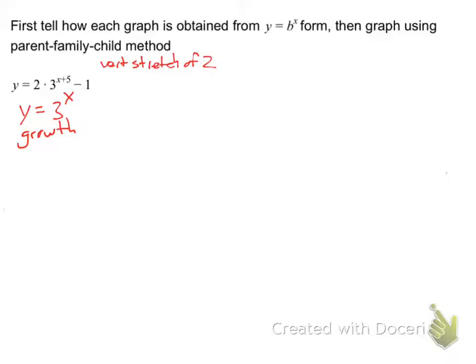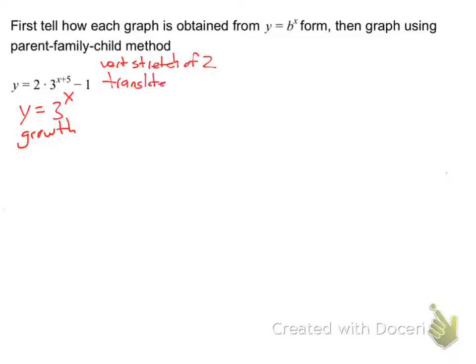I'm just going to list it. What else was brought into this problem now? What's my h value? It's a 5. Is it a 5 or a negative 5? It's always opposite of what you see. So it's a negative 5, which actually means it's going to be translated. Ooh, careful.